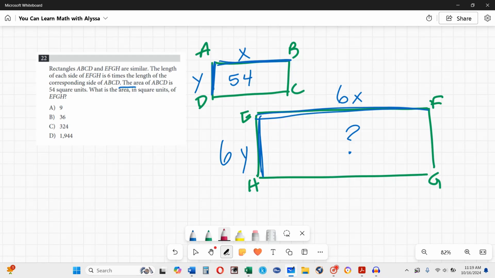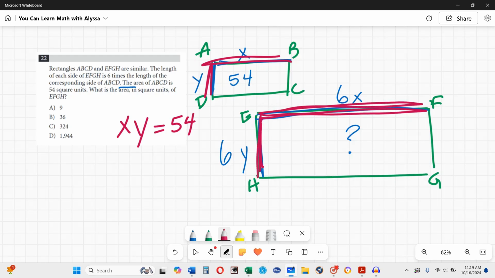We just don't know. There's no way of knowing. But we do know that I would need to multiply length times width to get the 54, to get the area. So I know that X times Y is equal to 54. Well, what is the area of EFGH in terms of X and Y? Not in numbers yet. We know that EF is 6X and EH is 6Y.